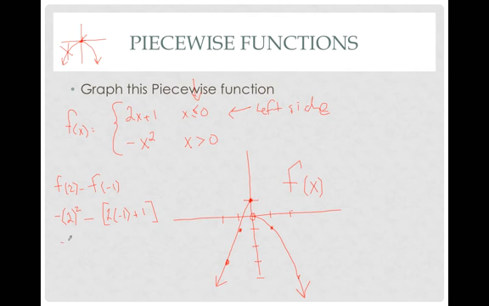And I'd get negative 4 minus, that's negative 2 plus 1 is negative 1, so it's plus 1, equals negative 3. Okay, so that's just like that quiz problem that we did the other day. But this is really what I want to get at, which is graphing the function.